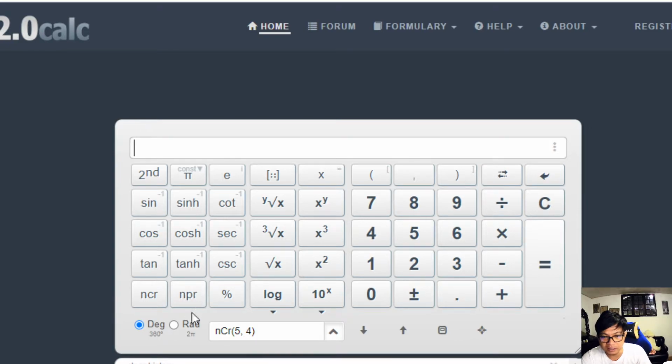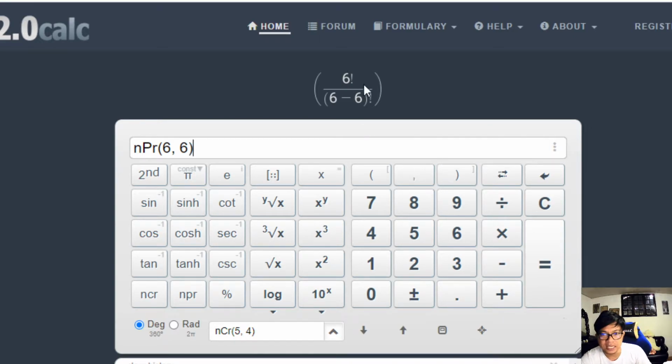So, for this online calculator, ang first na gagawin is pwede nyong pindutin yung nPr. And sinasabi dito na ilagay daw natin yung n, tapos yung ating r. So, ating n is 6, and ang ating r is 6.